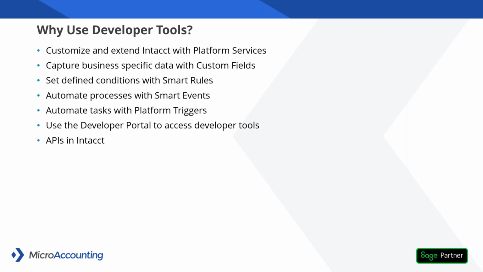You can set defined conditions to validate data with smart rules. You can automate different processes in Intacct with smart events that run based on certain conditions. You can automate specific tasks in Intacct with platform triggers, which behave pretty similarly to smart events, but expand your options and make it a little bit easier to do some things that might seem more complex.